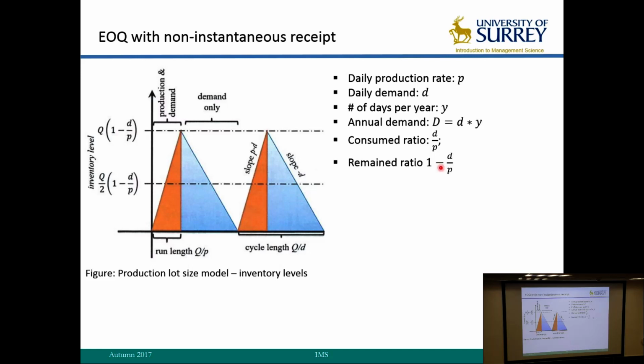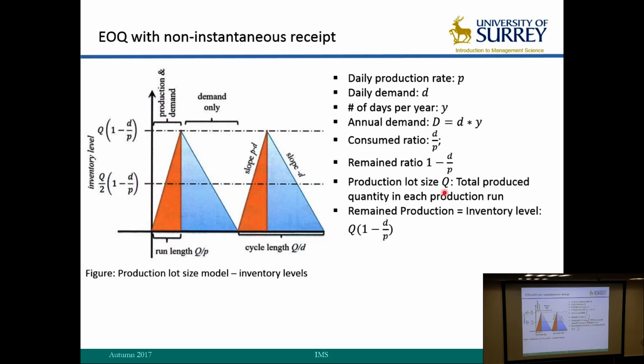And the remain ratio, apparently, is 1 minus the consumed ratio, and this is what remains. So the production lot size, that means after every cycle of the production run, the total produced quantity in every production run, that's Q. Q is the total produced products.